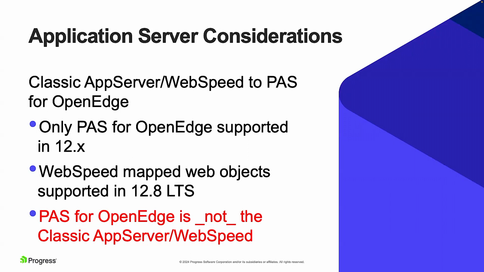A big part of what we do when we assist our customers with upgrades is re-architecting their existing app server strategy for PAS, and then assisting with tuning and monitoring.